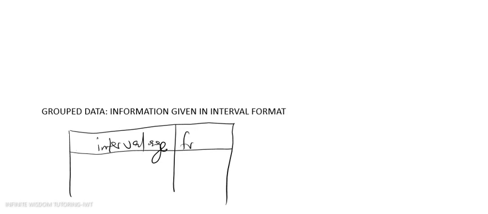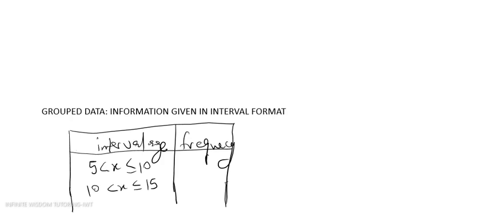And then we have what we call the frequency, which is telling us how many times a specific age occurred, or how many people were occurring for that specific interval age. Starting from the age of 5 all the way to 10, there is an interval. Starting from again 10 all the way to 15, there is an interval. And from 15 all the way to 20, there is an interval.